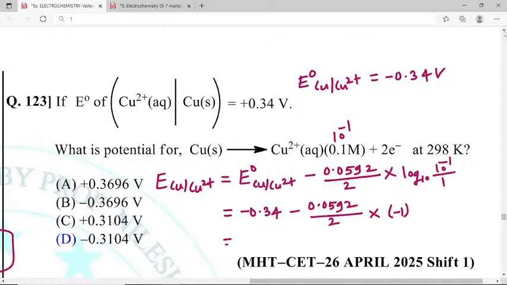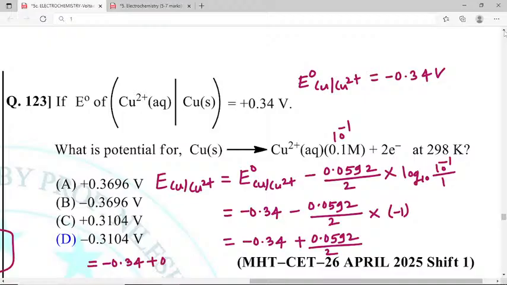So is equal to minus 0.34 minus minus becomes plus 0.0592, this whole divided by 2. So is equal to, I am writing here, minus 0.34 plus, divided by 2.